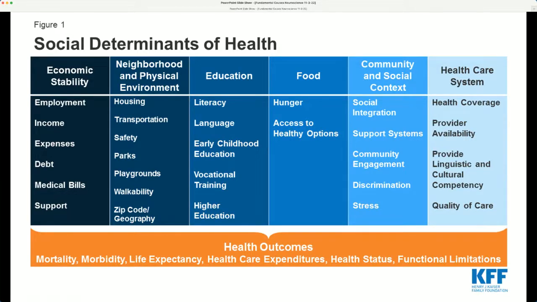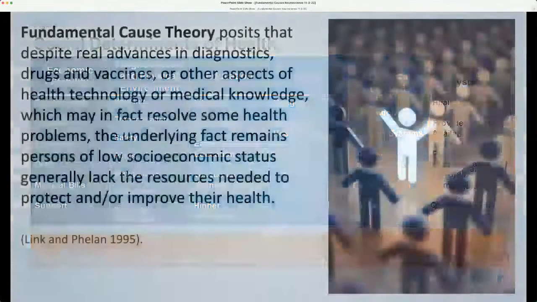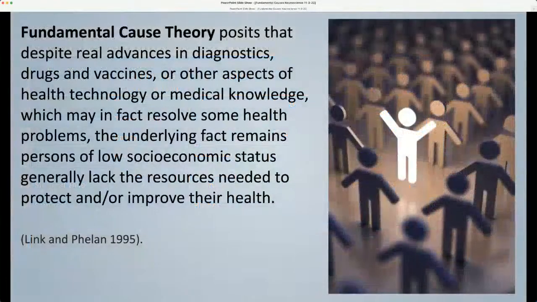The social determinants of health focus on social economic factors as mainly responsible for health disparities, but clearly there's another factor involved in U.S. health and healthcare. This problem brings us to fundamental cause theory.